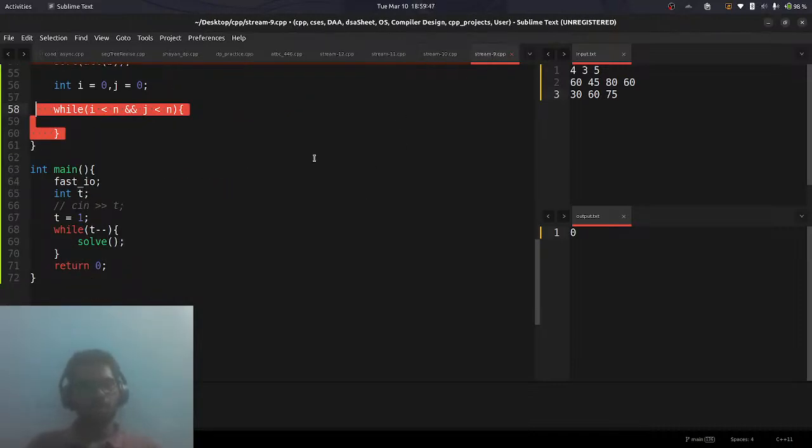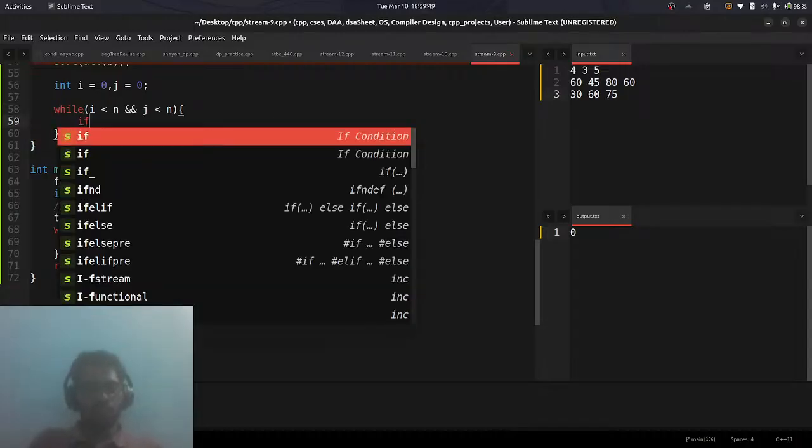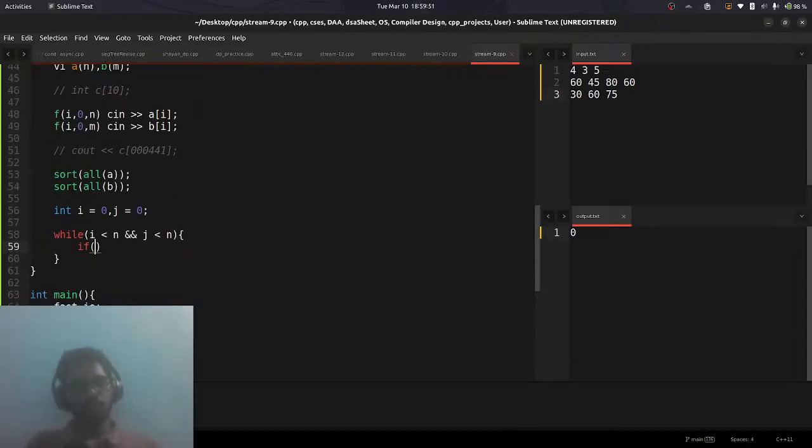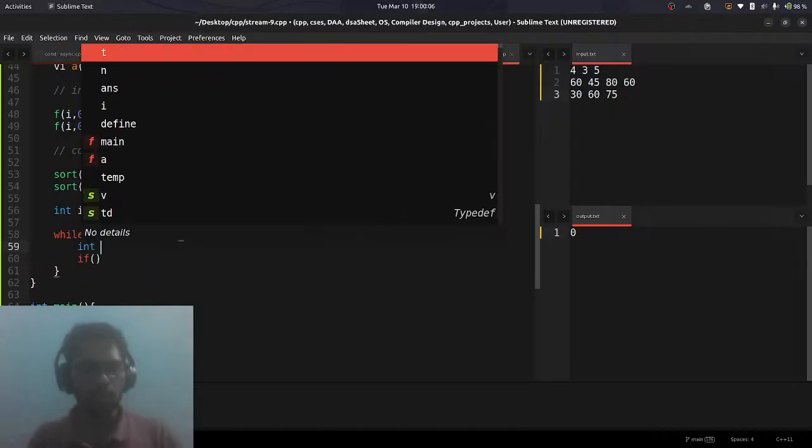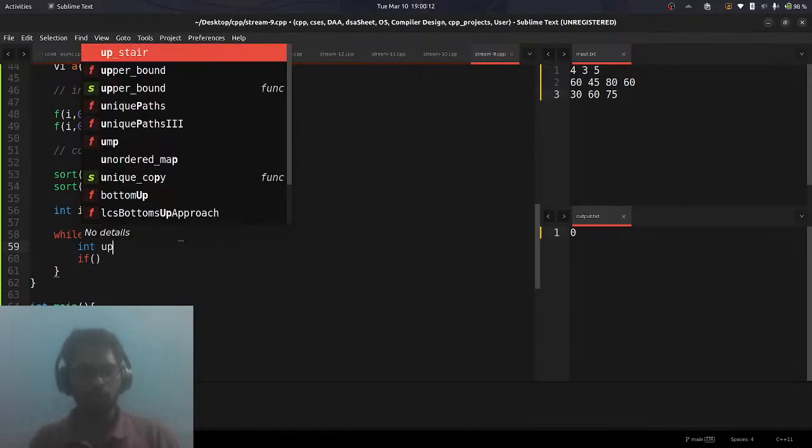Okay. So if the current desired house, basically we'll check like this. I have the limit. No, let's say I have the upper limit.